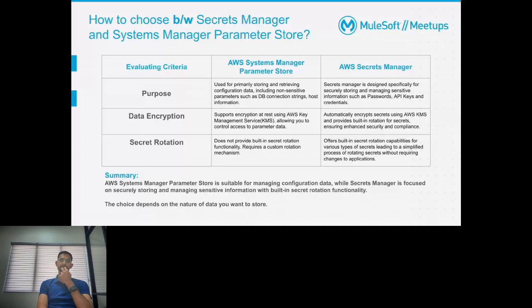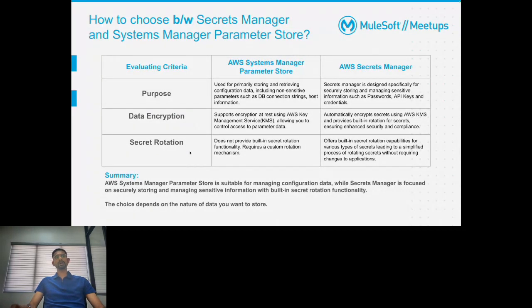Underlying, it uses KMS only, but it automatically encrypts the data and provides a built-in rotation capability as well. If at a given interval we want to rotate these particular secrets, generate another secret, and then use it, it has the capability to do so.